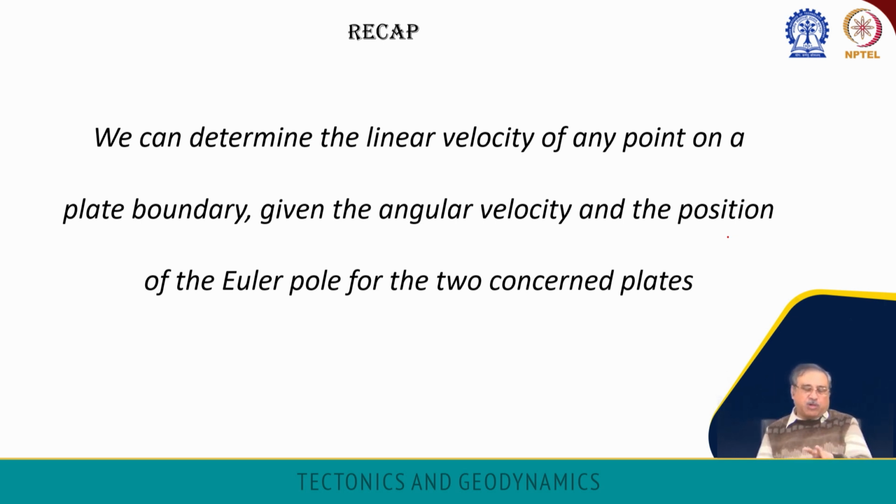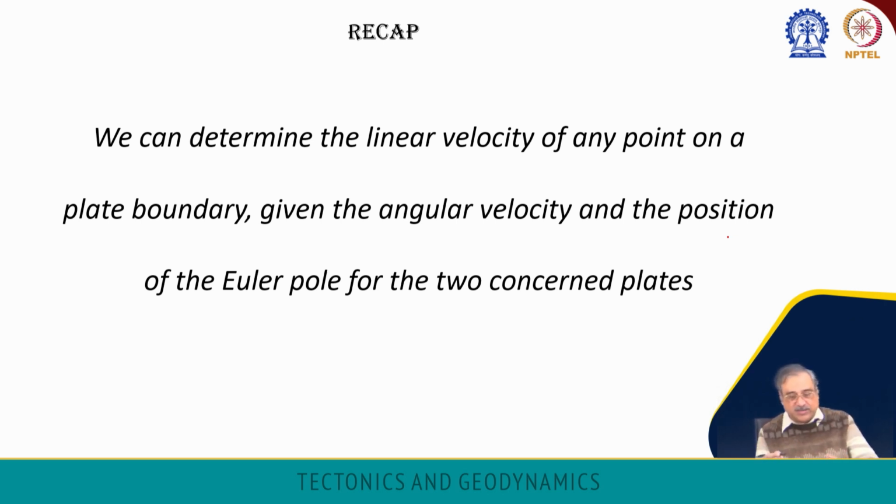So for a particular pair of plates which are rigid with respect to each other and moving with respect to each other on the surface of a sphere, there will be one fixed Euler axis of rotation. There will be two poles, a positive Euler pole and a negative Euler pole, and there will be an angular velocity that will be applicable to all points along the plate boundary. So this is what is given to us.